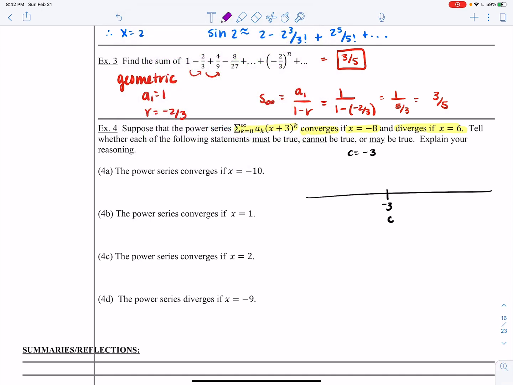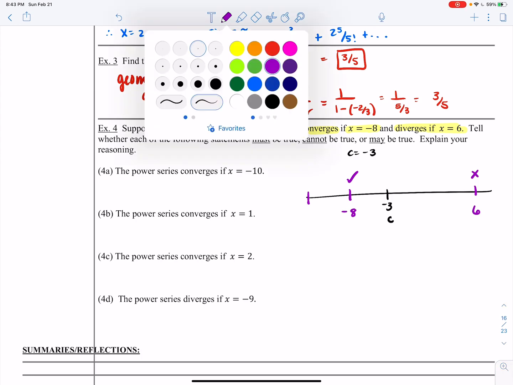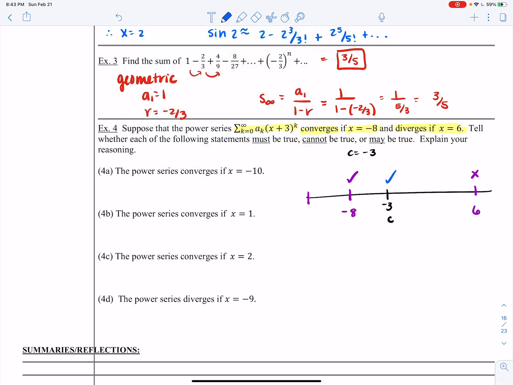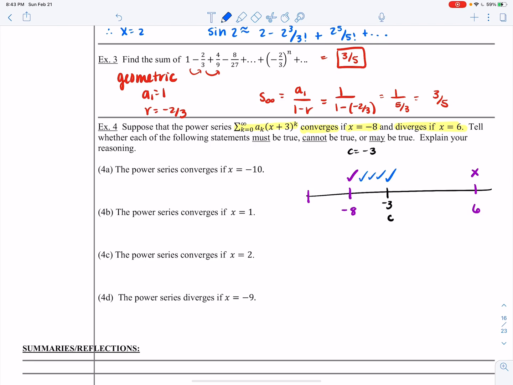If I go to 6, I know that it diverges there. If I go to negative 8, it converges there. So I know it has to converge at the center. And if it converges at negative 8, it converges everywhere in between. So that means that the radius could be 5.